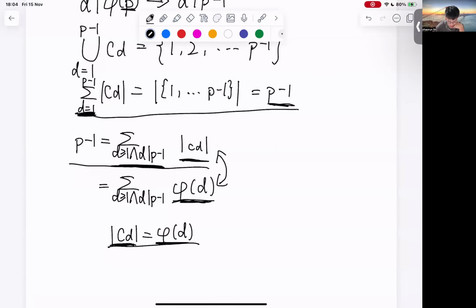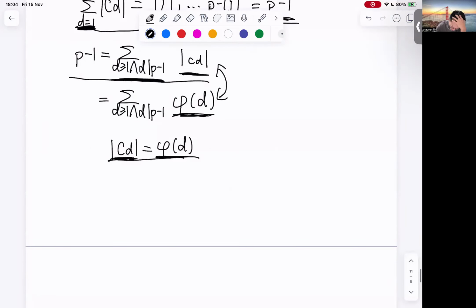This also implies that if we think of the order p minus 1, since p is a prime, we would have phi(p minus 1) elements.